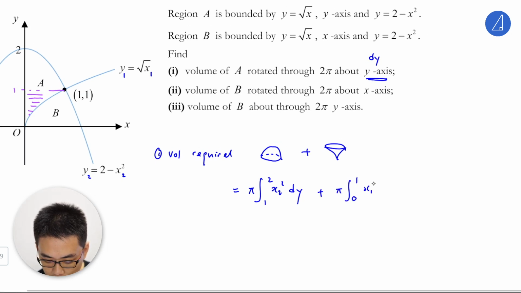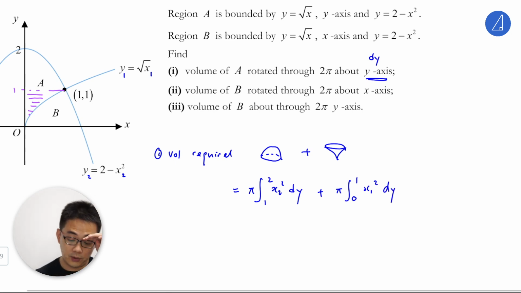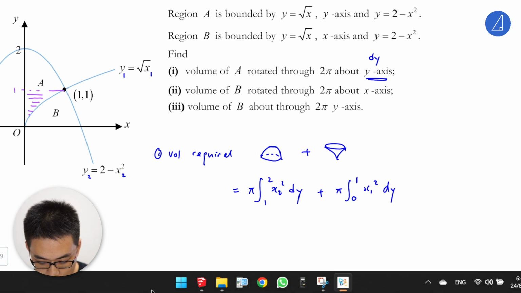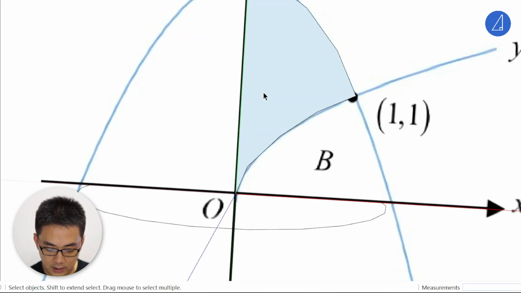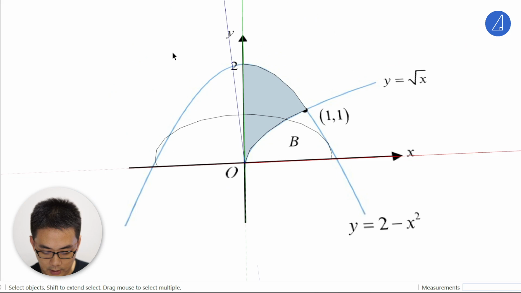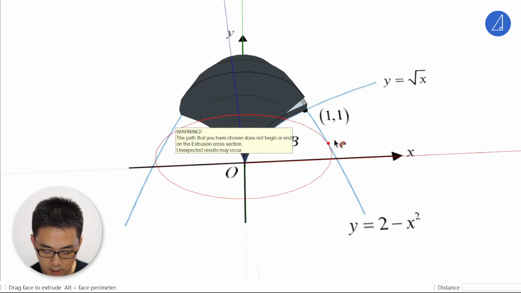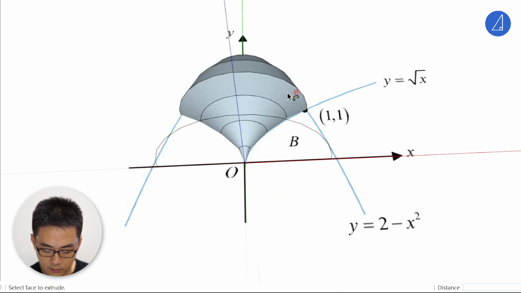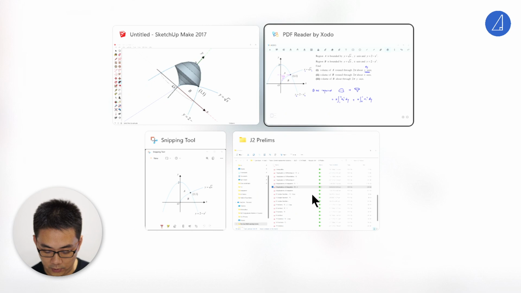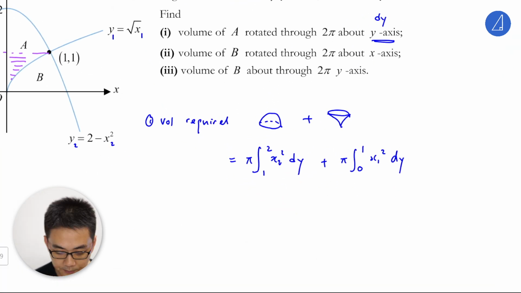Then you use x1 squared dy. So I would suggest doing this. On the y-axis, you can see that this over here is in two chunks. This is still okay. I think this is pretty fine. So key in calculator.